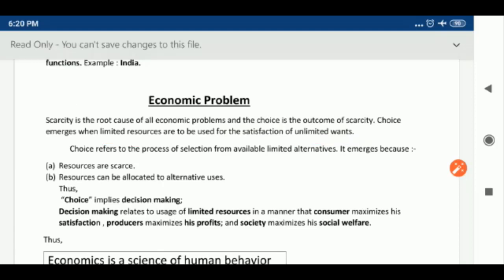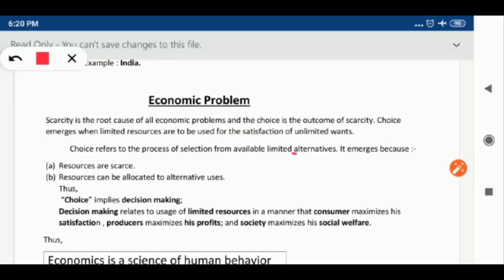So what is choice? Choice refers to the process of selection from available limited alternatives. Why does choice emerge? Because resources are scarce and the resources can be allocated to alternative uses.